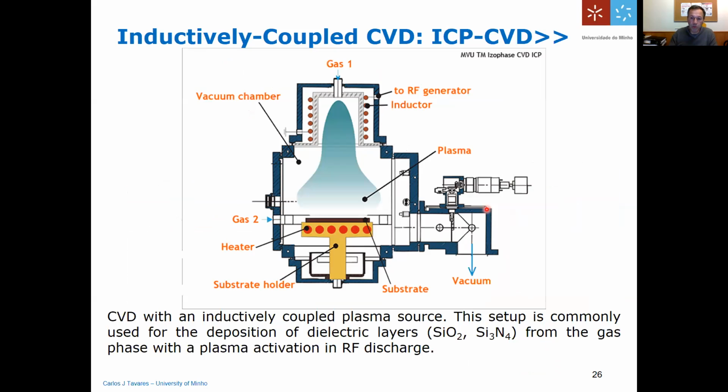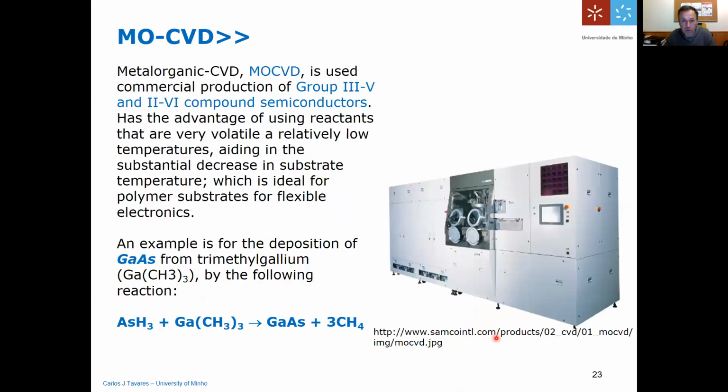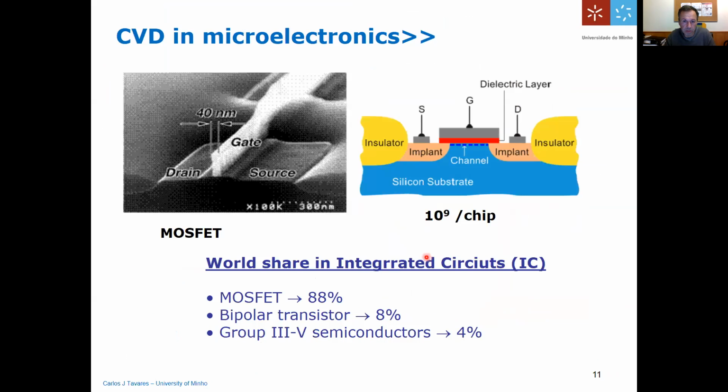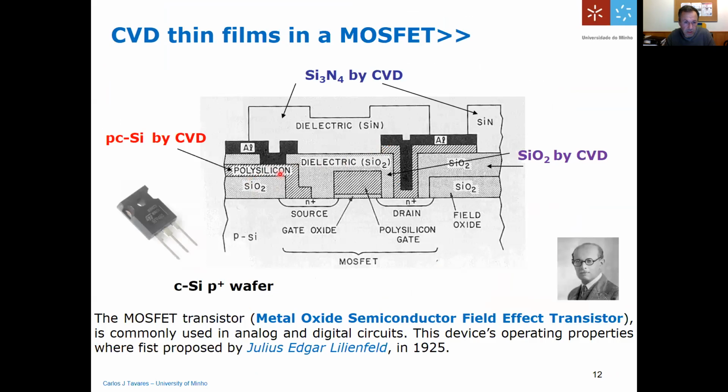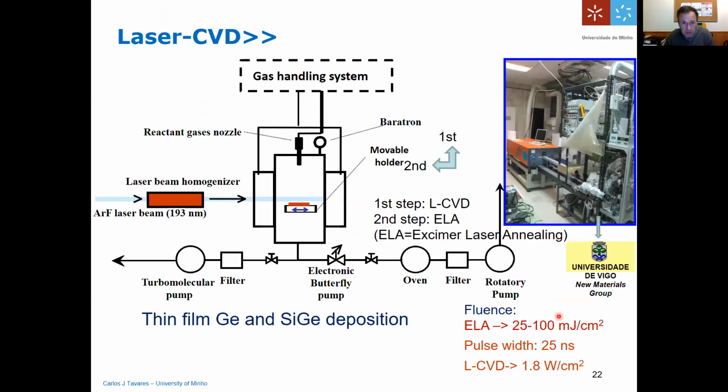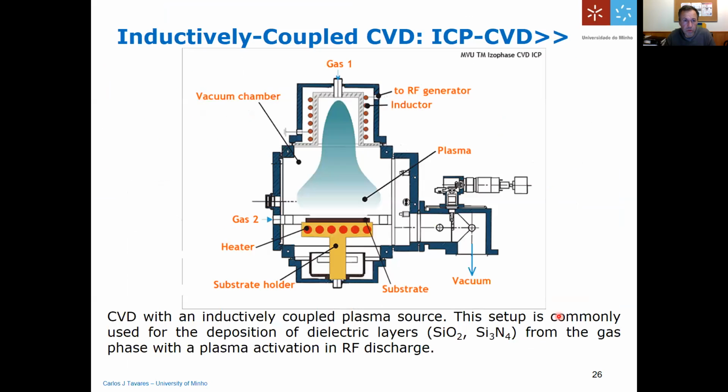Here's a case where we want to produce silicon dioxide and silicon nitride for these MOSFET devices that I showed you before. So, for example, to produce the silicon nitride layers, and also to produce, for example, the silicon dioxide insulator parts that you also see here, normally the best option is to use this inductively coupled CVD, so this ICP CVD.